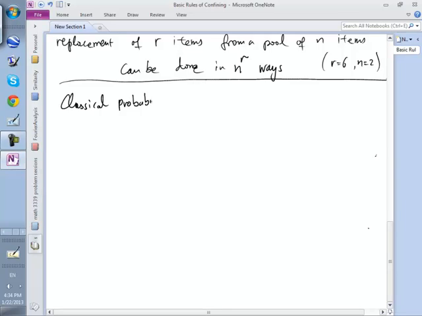That's the model that was introduced by Blaise Pascal. All simple events have the same probability.